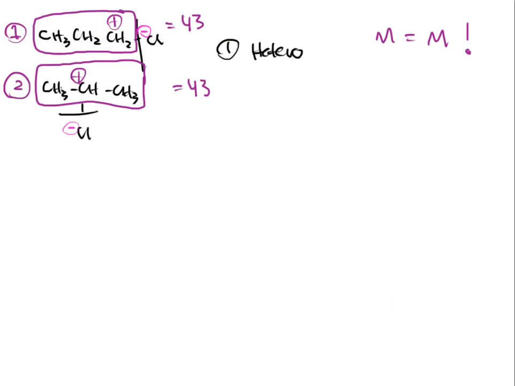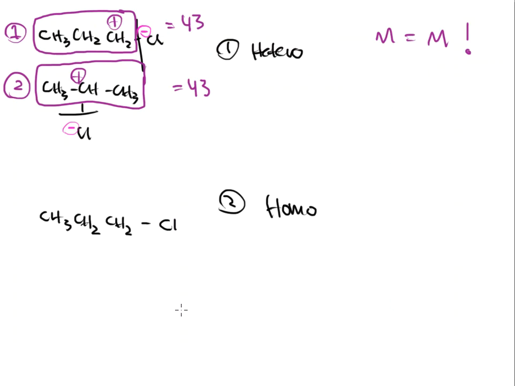So in the next option, we said that we would have option number 2, the homolytic cleavage. So how does this thing actually work? All right. So let's say that we have CH3, CH2, CH2, and Cl.